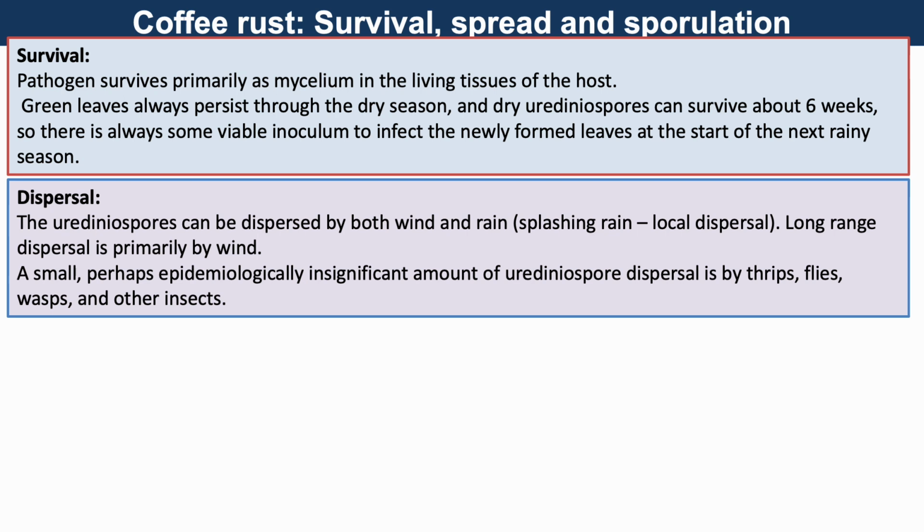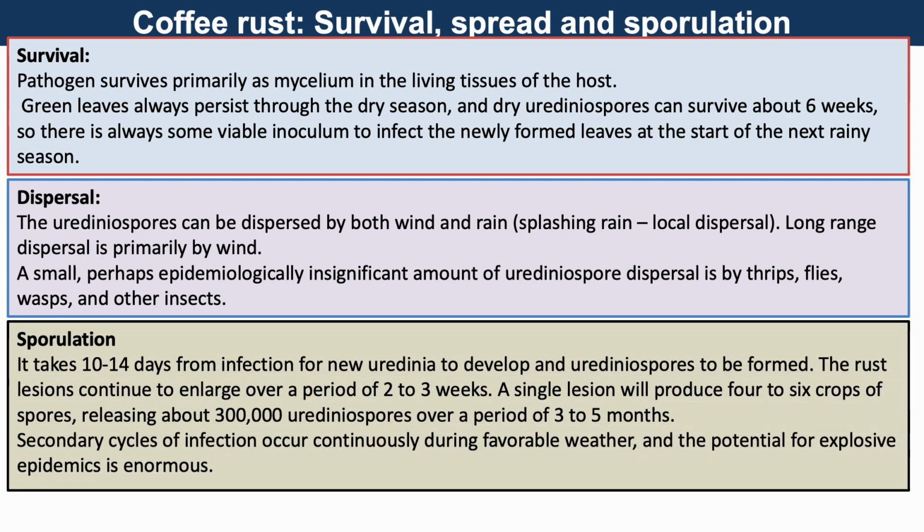A small, perhaps epidemiologically insignificant, amount of urediniospore dispersal is by insects like thrips, flies, wasps and other insects. The organism takes around 10 to 14 days from infection for new uredinia to develop and urediniospores to be formed.